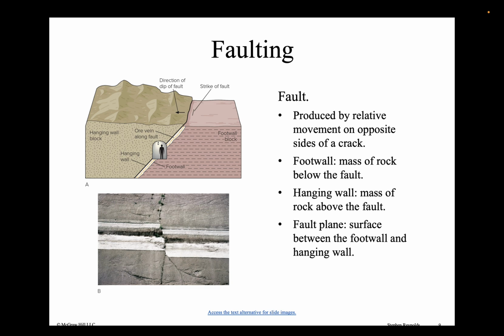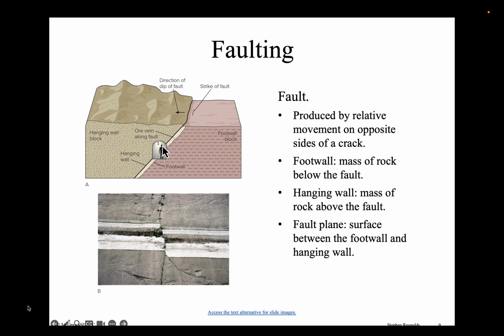And that can be produced by, for instance, an earthquake. We're going to see in our next slide how that can happen. The two masses of rock receive a name. Let's think that inside of this mountain here, or these two rocks here, there is the fault. I have someone inside of the fault plane, which is exactly the surface between those two big mountains, right in between.